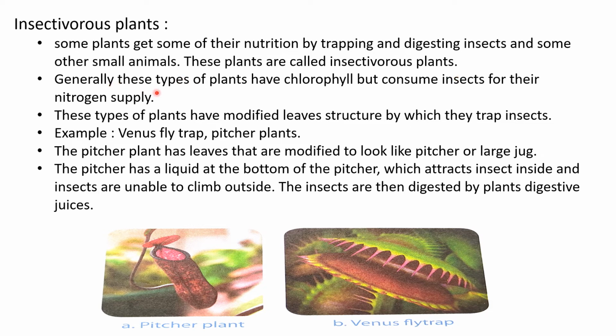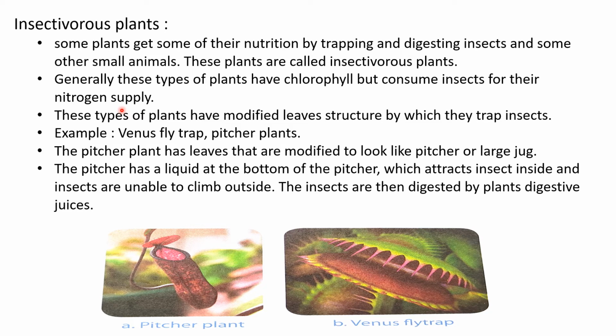Generally, this type of plant has chlorophyll but consumes insects for its nitrogen supply. So here you can see that this type of plant has chlorophyll, but they need nitrogen too. How will they get the nitrogen? Here one question can arise: nitrogen is a gaseous substance, so as plants absorb carbon dioxide, in the same way they could absorb nitrogen.